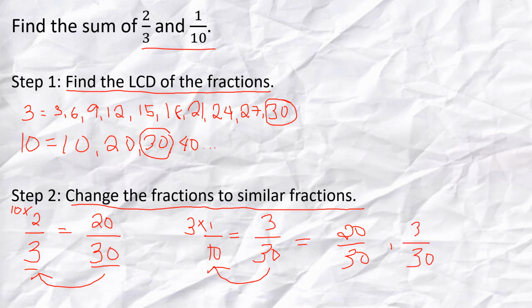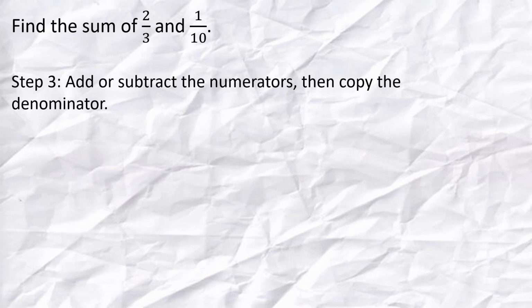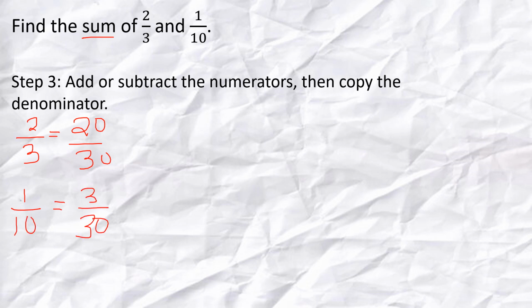We can now proceed to step 3. Add or subtract the numerators, then copy the denominator. In this case, the operation is sum, therefore we will add the two. So from 2 over 3, we now have 20 over 30, and 1 over 10, we have 3 over 30.